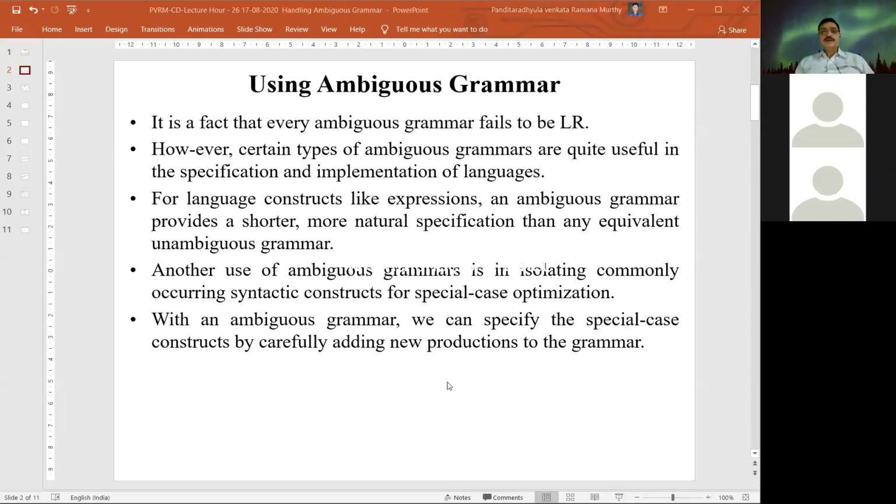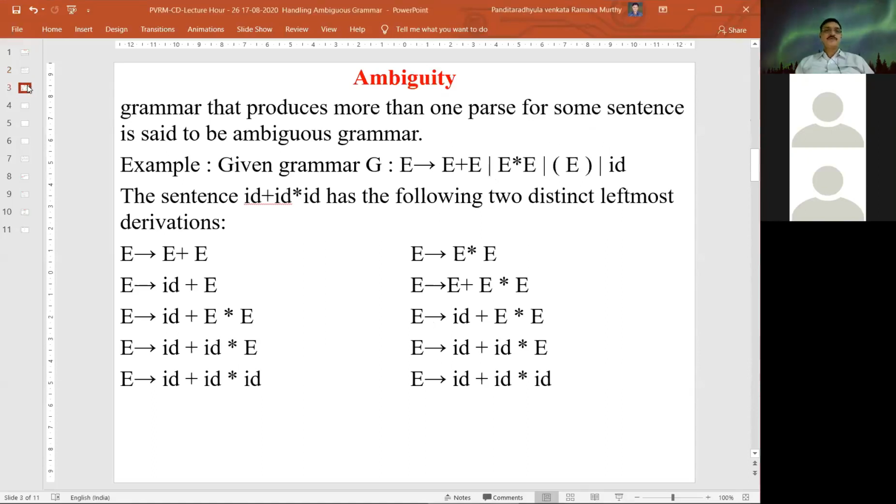We can add any new operations easily using the ambiguous grammar. That is generally the purpose of an ambiguous grammar. But whenever the ambiguity produces different leftmost or rightmost derivations for the given expression, it leads to the different outputs that we identified.